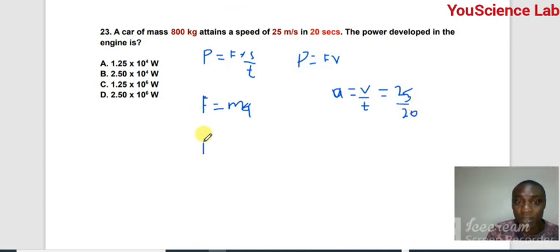So the power is going to be equal to mass times acceleration. The mass is 800. That's for force. 800 times... that is, I'm writing for the force now. F is equal to what? ma.